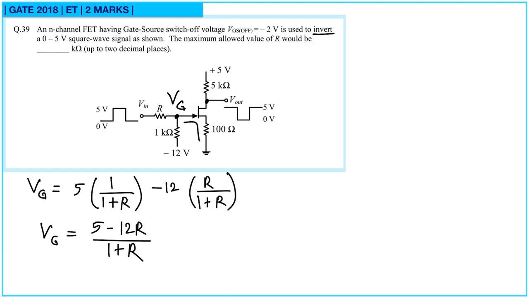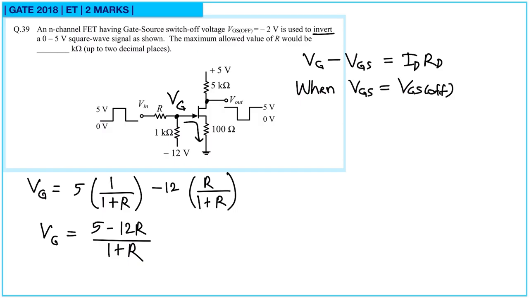Now let us consider this part. Here Vg minus VGS, that will be equal to voltage across the RS resistor, that is ID into RS. But when VGS is equal to VGS off, in that case the transistor is off, that means ID is equal to 0.